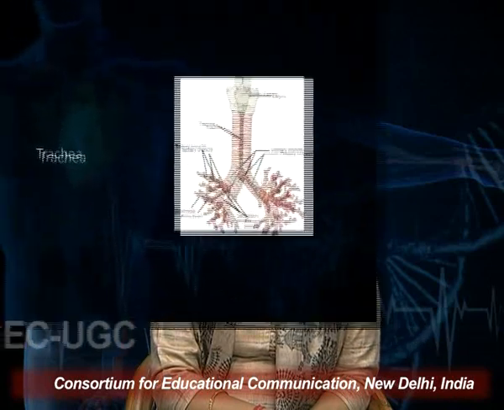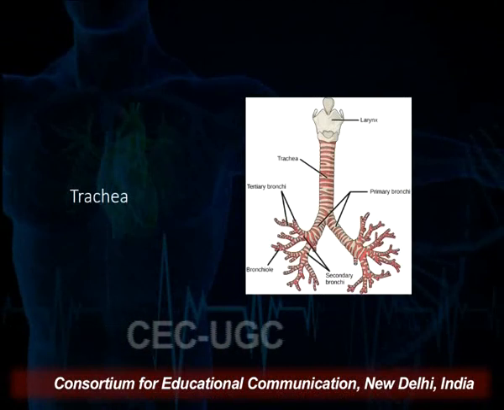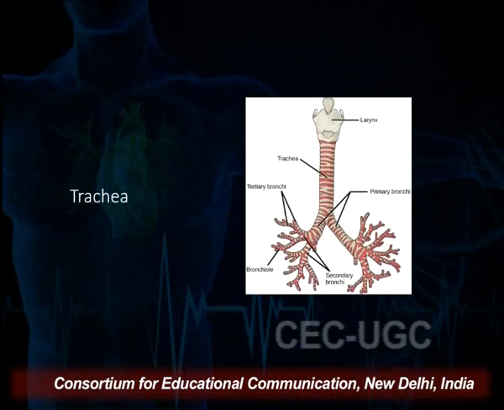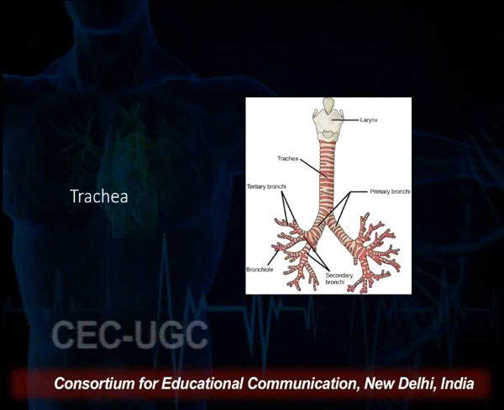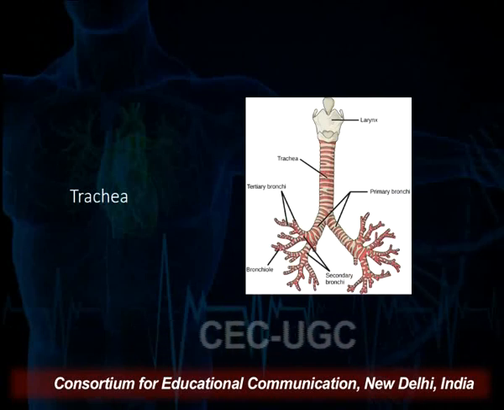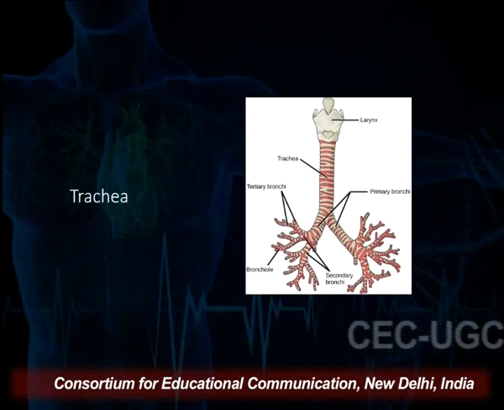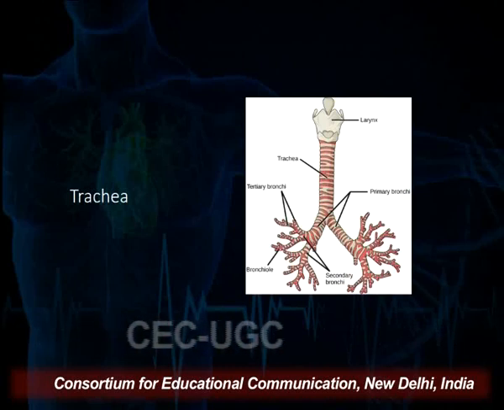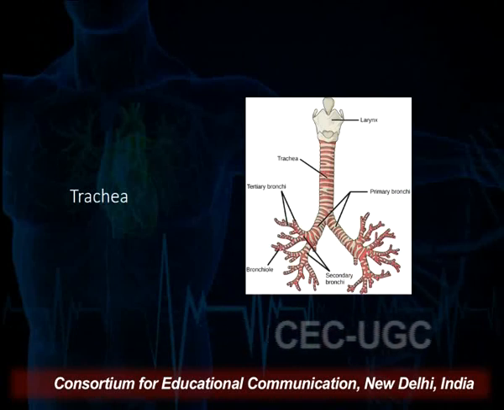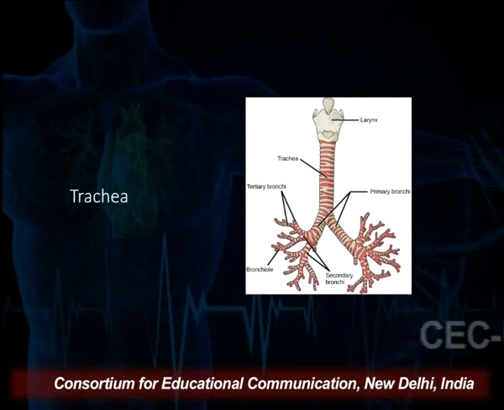You can see in the diagram, on the upper side you can see the larynx, and after the larynx the trachea starts. You can see C-type rings around the trachea, and then it further divides into bronchi and then bronchioles.